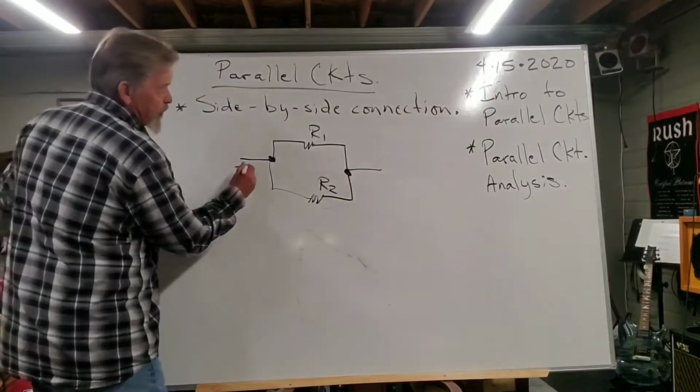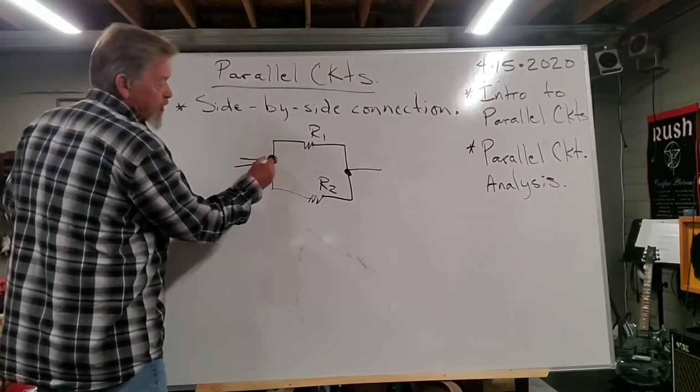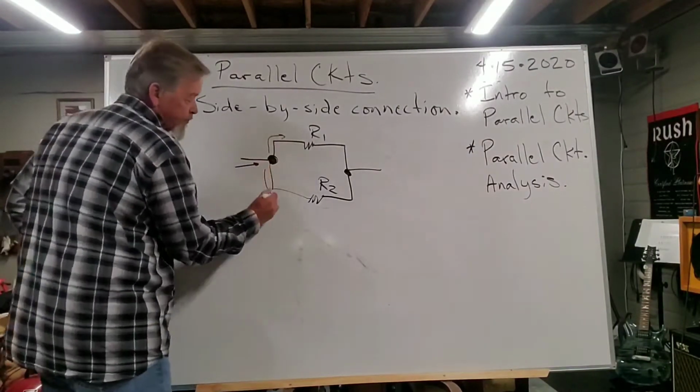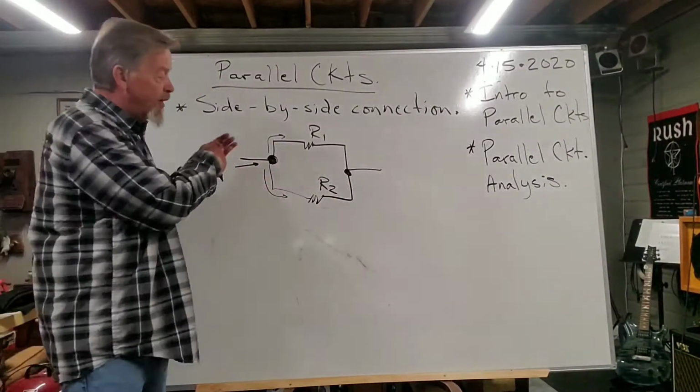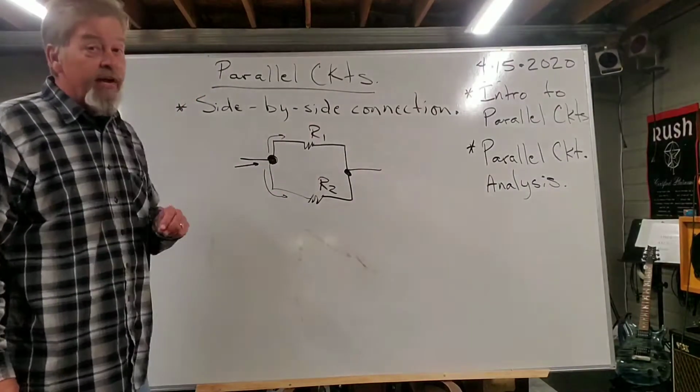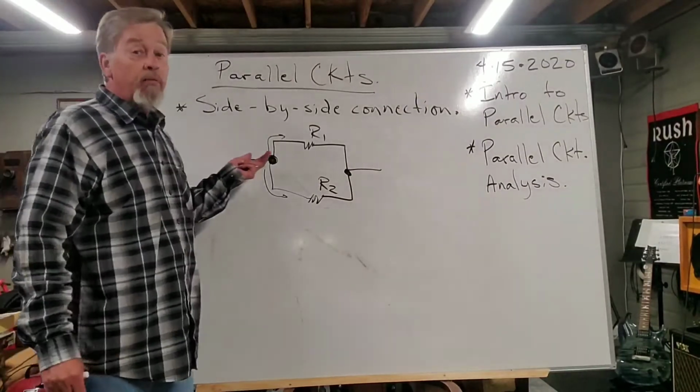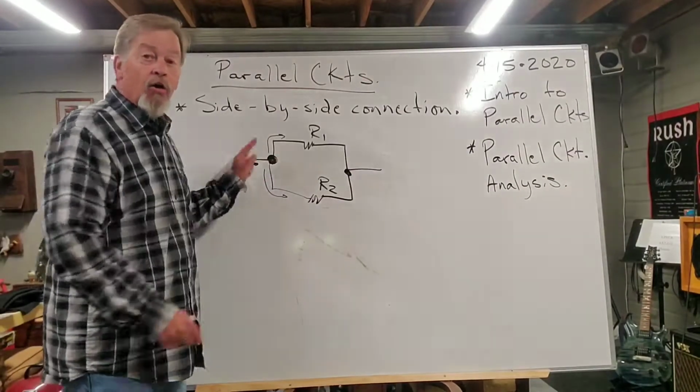And as we can see, if current is flowing in, and this is a key point, look for junctions where current will flow in, and what's going to happen is because of more than one path of current flow, because of the side-by-side connection, this current is going to split up. So the first thing you need to know is there's going to be more than one current, or like in series, voltage divided, in parallel, current's going to divide.